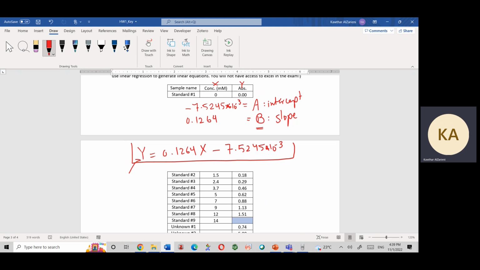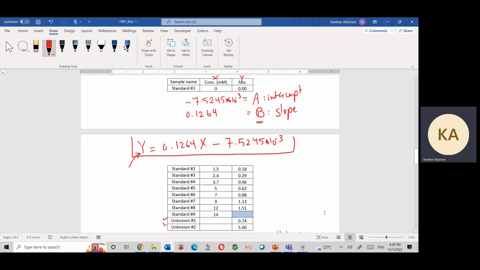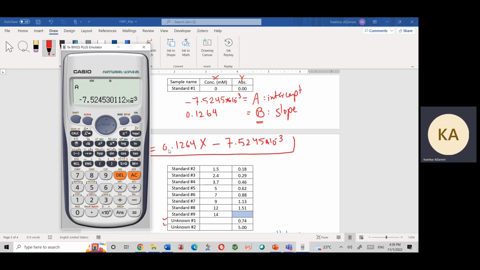Okay, so now you have the linear equation that you can use to solve for the concentration if you are given absorbance values for unknown concentrations, just like we had for the homework question. If another question is about the linear correlation, then you need to get the R squared. You hit Shift Stat, and you do regression number 5, and you hit 3 equals. This is R. We need R squared, so now you need to square that value, and you get R squared.